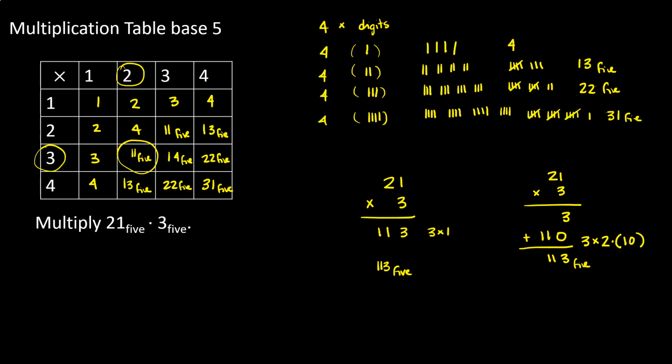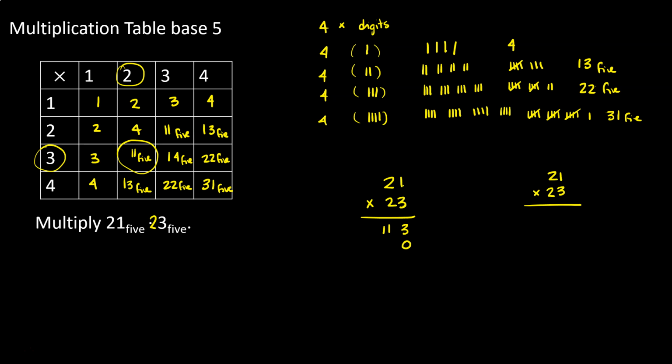Let's make this a little more challenging by multiplying maybe by 2, 3 instead of just 2, 1. Double-digit numbers. So we'll do it in the standard algorithm way. 3 times 1 is 3. 3 times 2 is 1, 1.